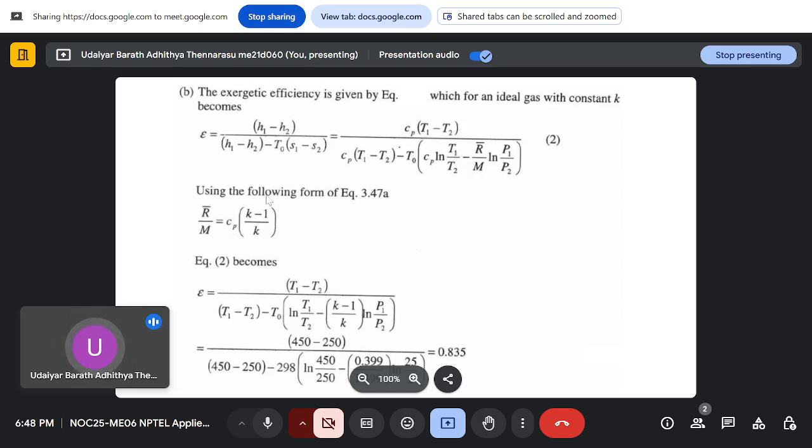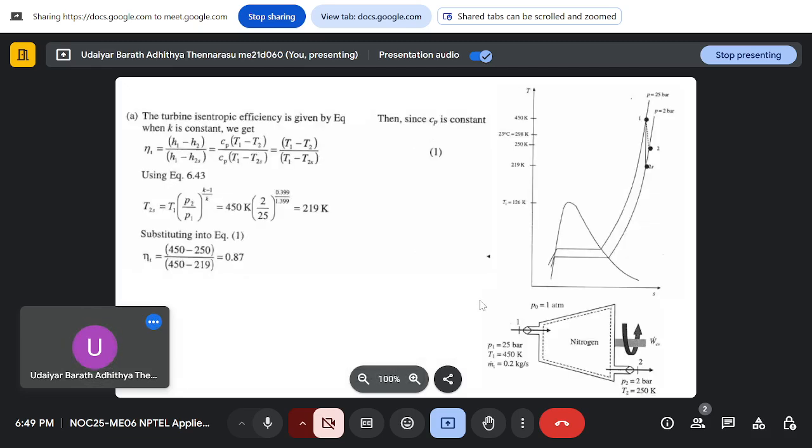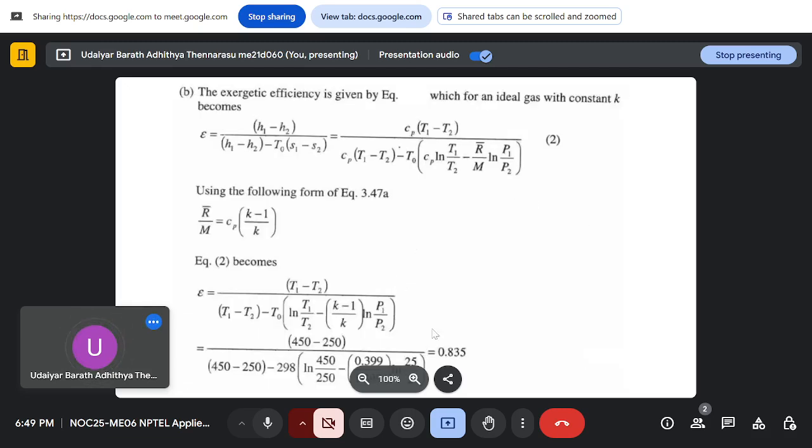Cp I can find using Cp and R, where R is Cp (gamma minus 1) by gamma. Substituting that in the expression, Cp gets cancelled out from the numerator and the denominator. Substituting the temperature and pressure values, I get the exergy efficiency of 0.835 or 83.5%. So the isentropic efficiency is 87% and the exergy efficiency is 83.5%.